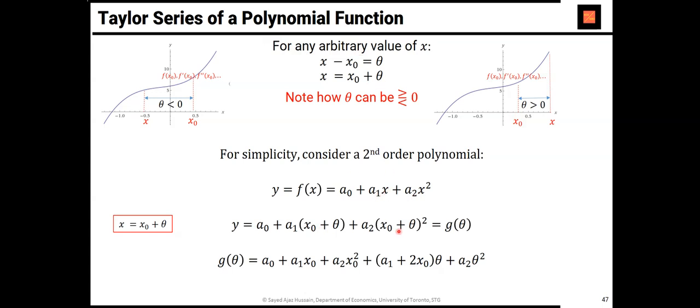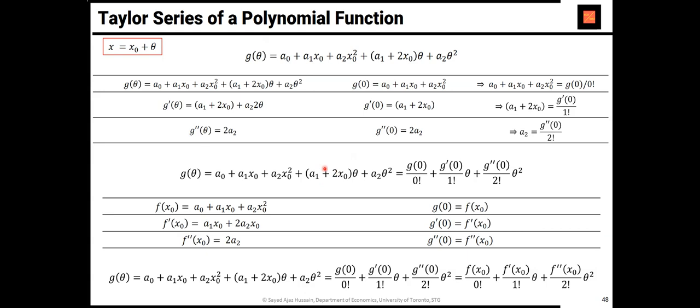Stick it in, and now this becomes a function of theta. See, if I expand this out, I now get a function that's all in terms of theta, the variable, because as x changes, theta changes. So now you have a function in terms of theta. I'm going to play the same kind of trick that I did earlier. Here's g of theta, I've written down for you.